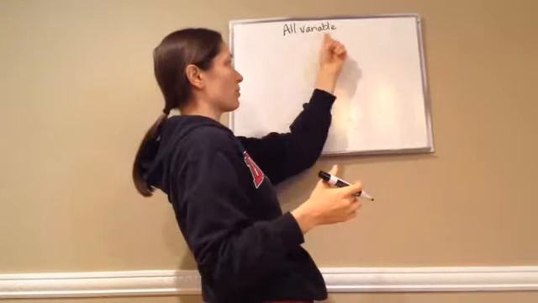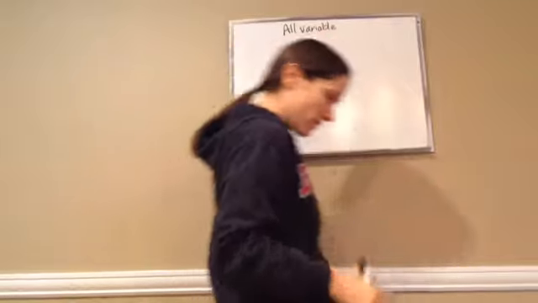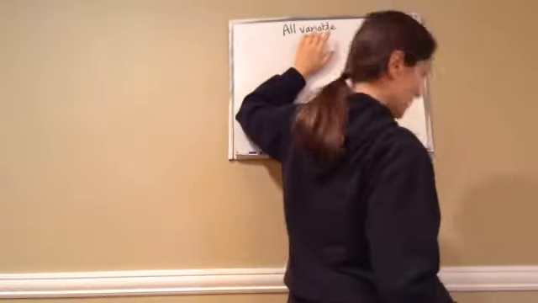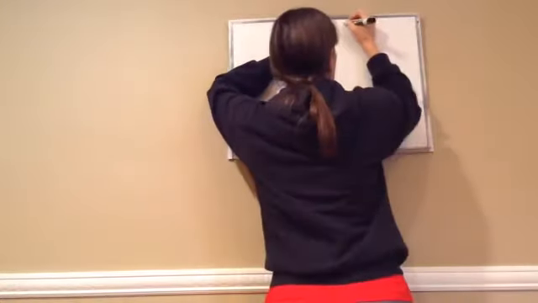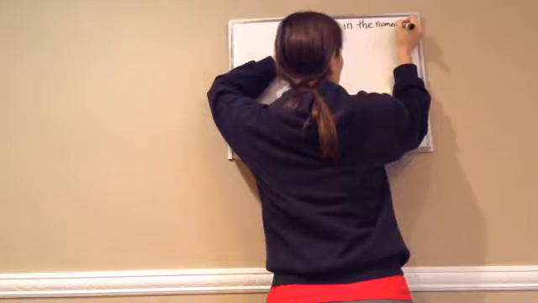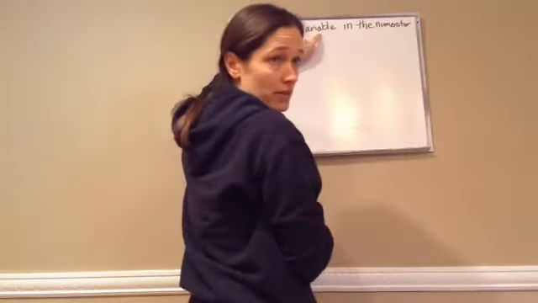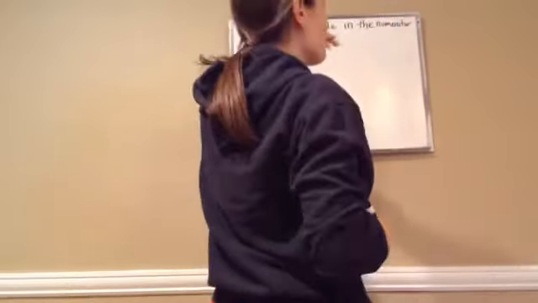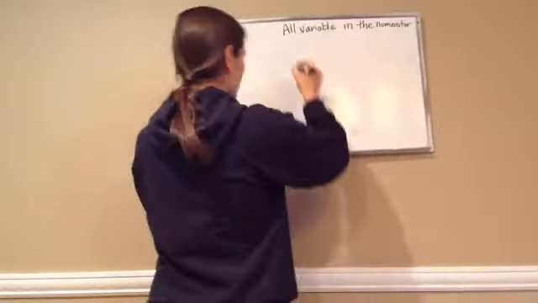So they're variable, so they vary, they change. So what are variables? The letters. Okay, they're wanting all variables to be in the numerator. That's what they want the answer to be in. Okay, so which one's the numerator, the top or the bottom? Top. Okay, so let's take the problem.